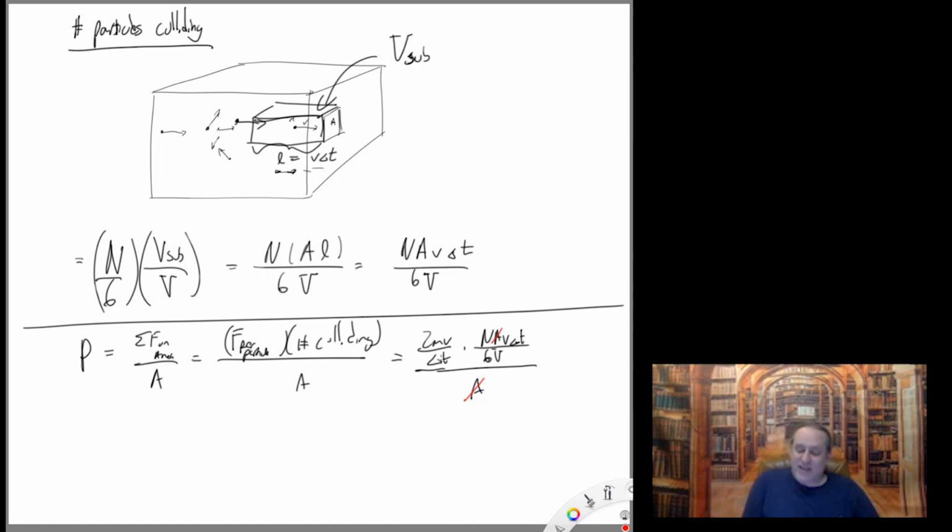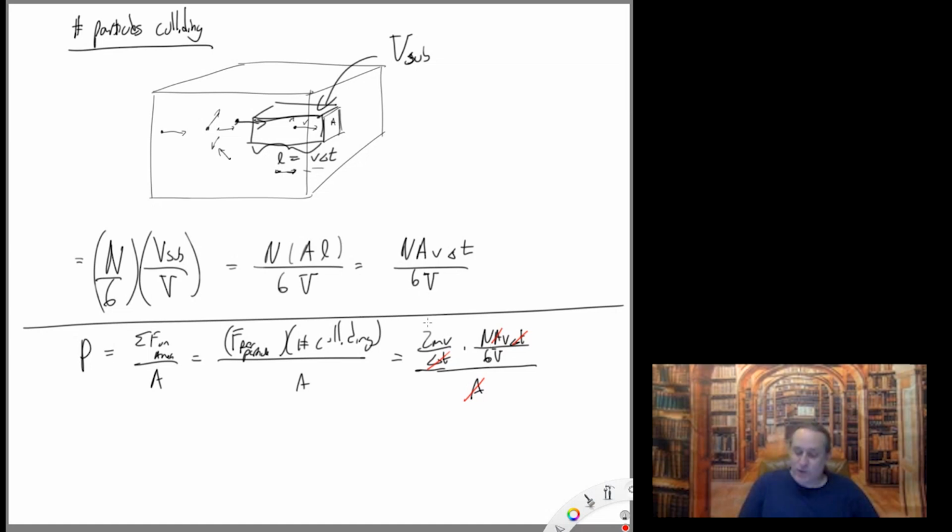The delta t cancels out, as long as we make sure delta t is so small that we don't have to worry about particles that bounce around multiple times. If one particle can hit this area twice, then our statistics are all thrown off. But we just make sure that time is very, very small, and then it crosses out.